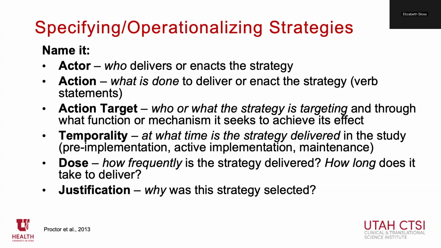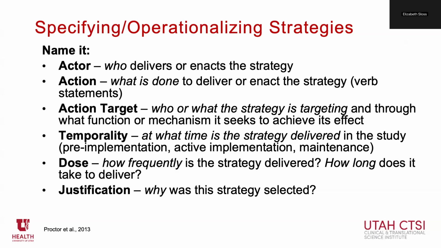So it's not only who's the target of the strategy, but through what mechanism it seeks to achieve its effect. The temporality can be specifically a date. When does the strategy start and stop? Say you had training and you trained them at pre-implementation, 2 sessions, and you wanted to capture those dates.